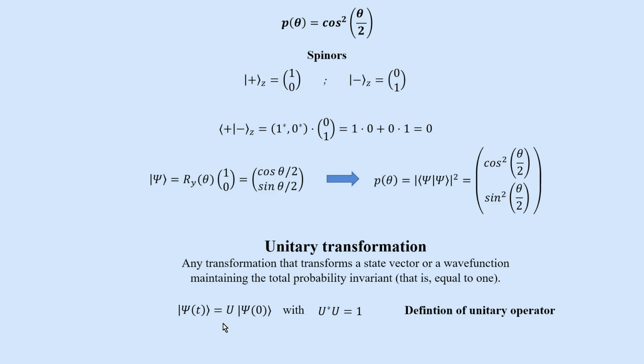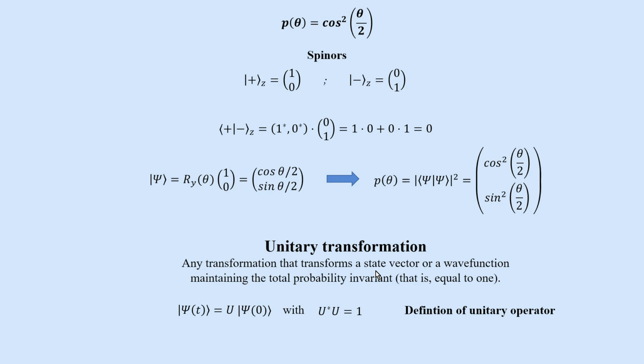That is, it must still be 1. And from this it followed that the complex conjugate of the unitary operator U times itself is equal to the identity operator.